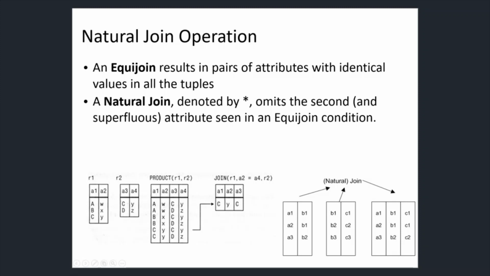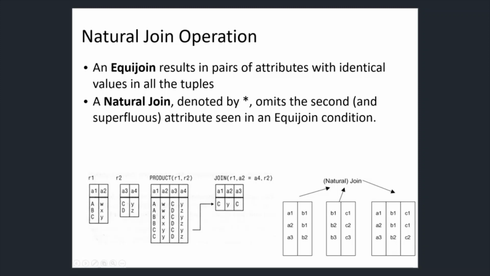And next we're going to look at natural joins. Natural joins are very similar to equijoins with the difference that they do not include the second superfluous attribute. So the attribute on which we join, which is duplicated in an equijoin, is not duplicated in the resulting join.